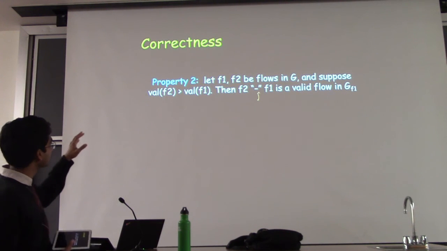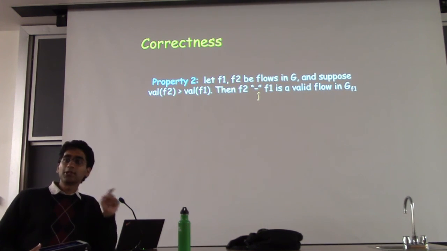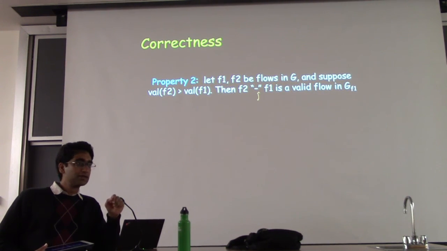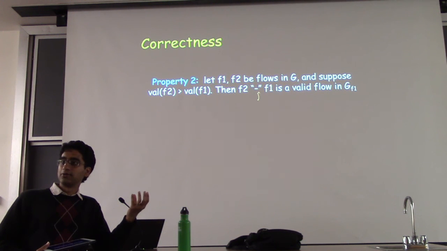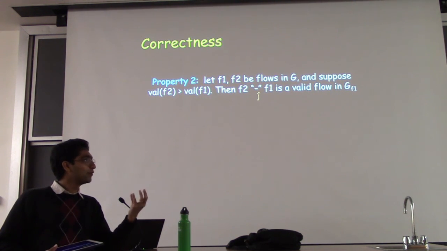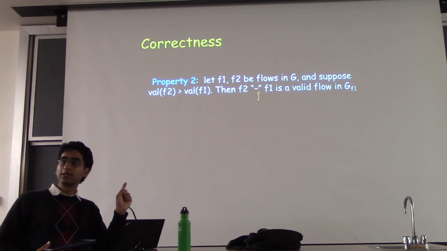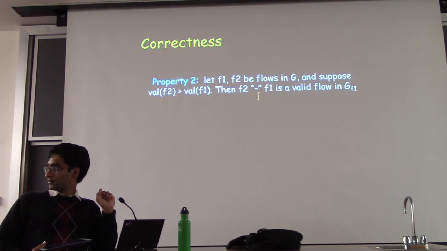So first, the statement of the theorem. Suppose you have any flow f1. Think of it as the flow that you have right now. Suppose the flow is not the maximum flow, which means there is some f2 such that the value of f2 is bigger than the value of f1.